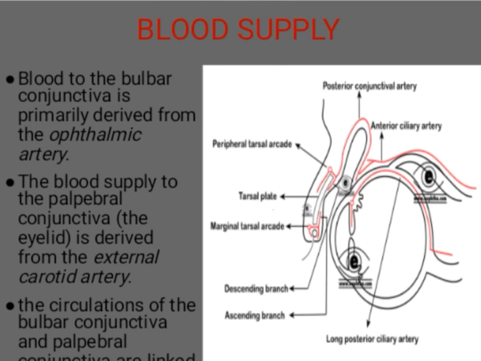So we can say that the blood supply of the ophthalmic artery and external carotid artery are mixed, and they provide blood in both the palpebral and bulbar parts. But the primary concern is that the ophthalmic artery provides the bulbar conjunctiva blood and the external carotid artery provides blood to the palpebral conjunctiva.